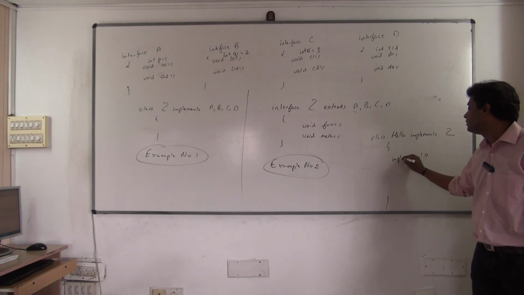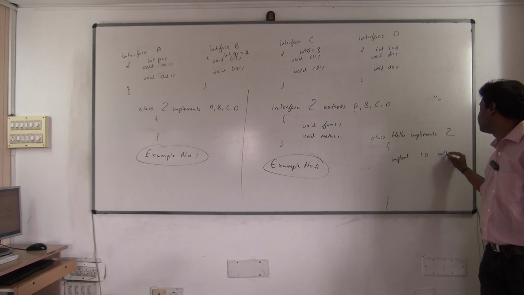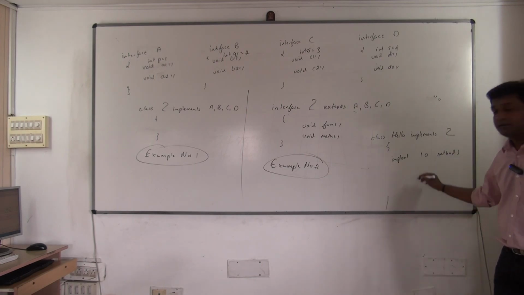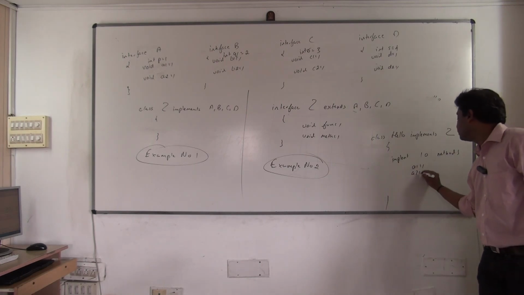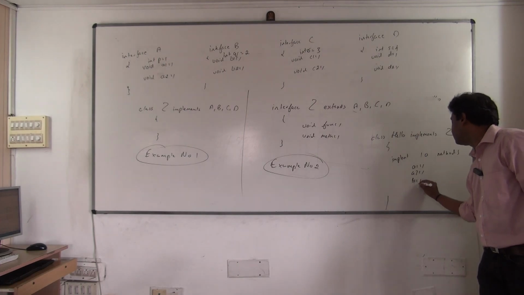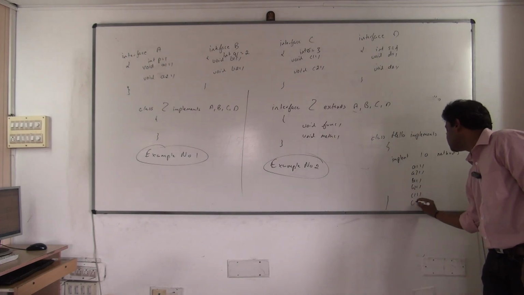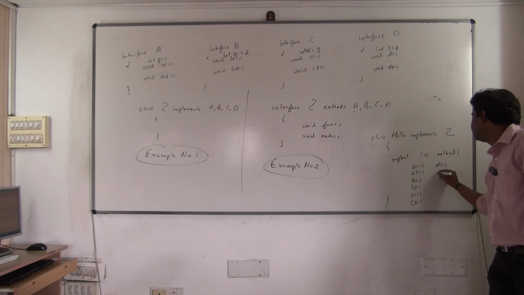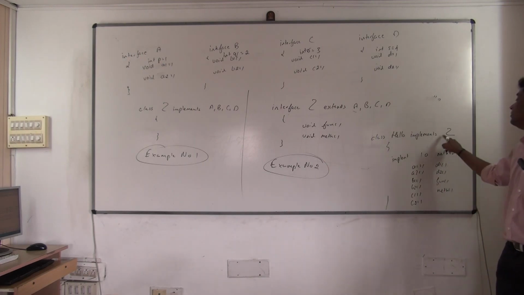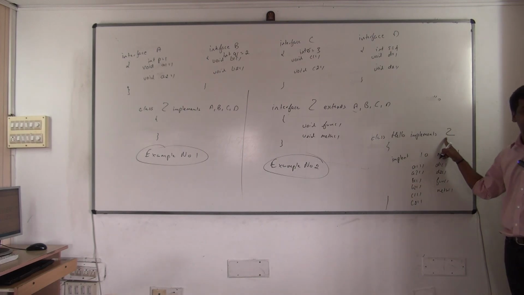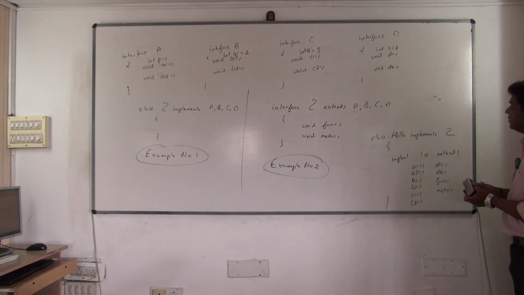You know which one now? A1, A2, B1, B2, C1, C2, D1, D2, fun, meth. Because I am implementing Z interface.